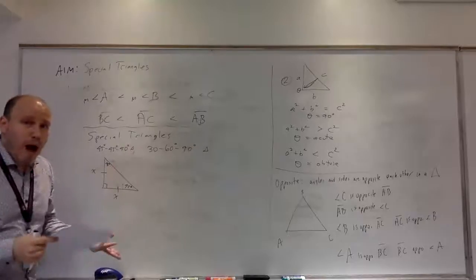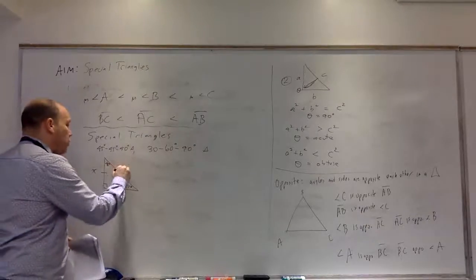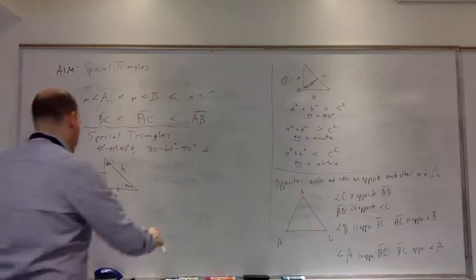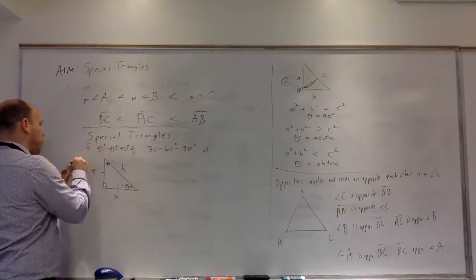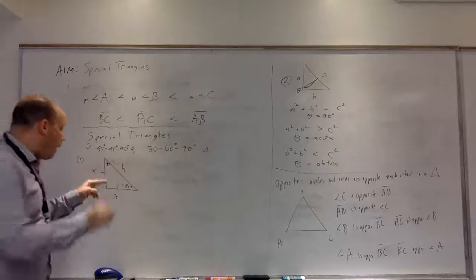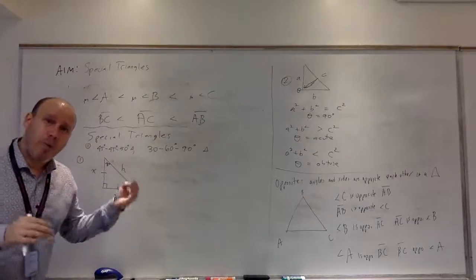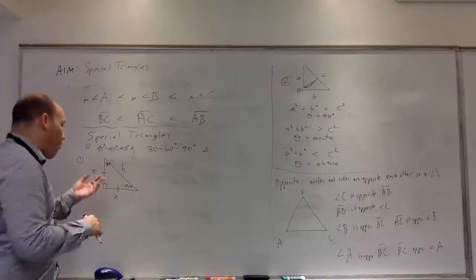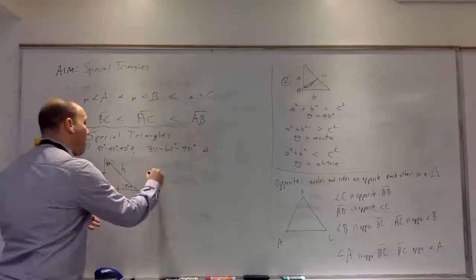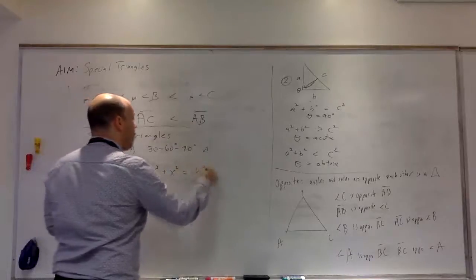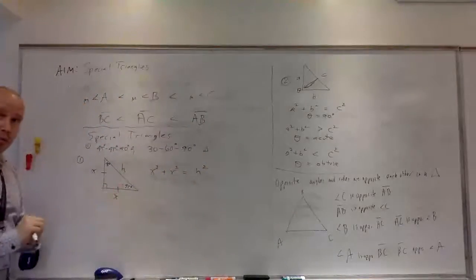Now, I don't know what the hypotenuse is, so let's call that h. Well, we know that we have a right triangle. So I don't know what x and h are. I have all these variables in there. That's fine. I can still put this together in a formula. Pythagorean theorem: x squared plus x squared equals h squared. Right?